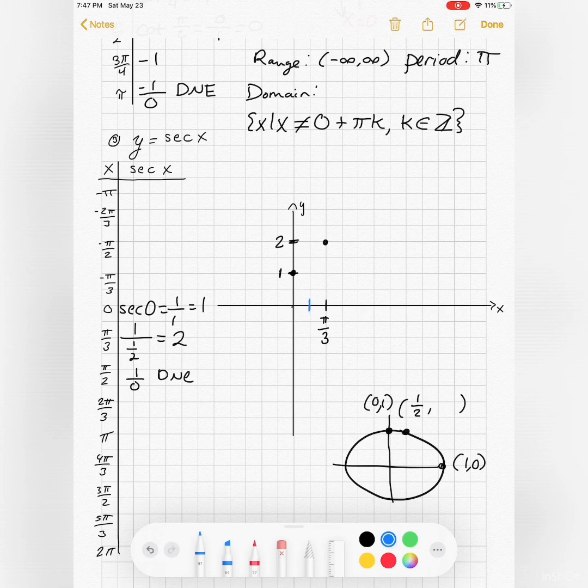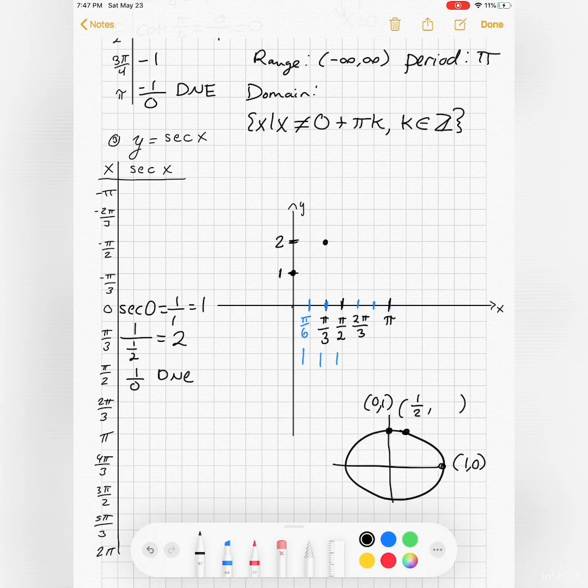Look, 1/6, 2/6 is a third, 3/6 is a half. So you see how it is even. So look, I've got 1/6, 2/6, 3/6. This would be 4/6. 4/6 is 2/3. This would be 5/6, 6/6.